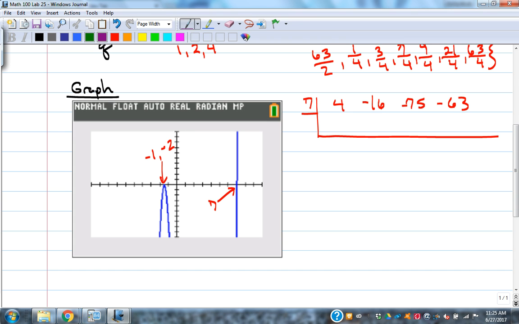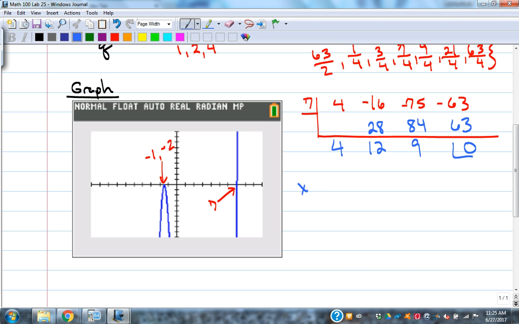So pull the 4 down and run through: 28. 28 minus 16 would be 12. 12 times 7 is 84. It'd be 9. 9 times 7 is 63. And there's that 0 in the remainder position, which I knew was going to be there. That was going to help me.